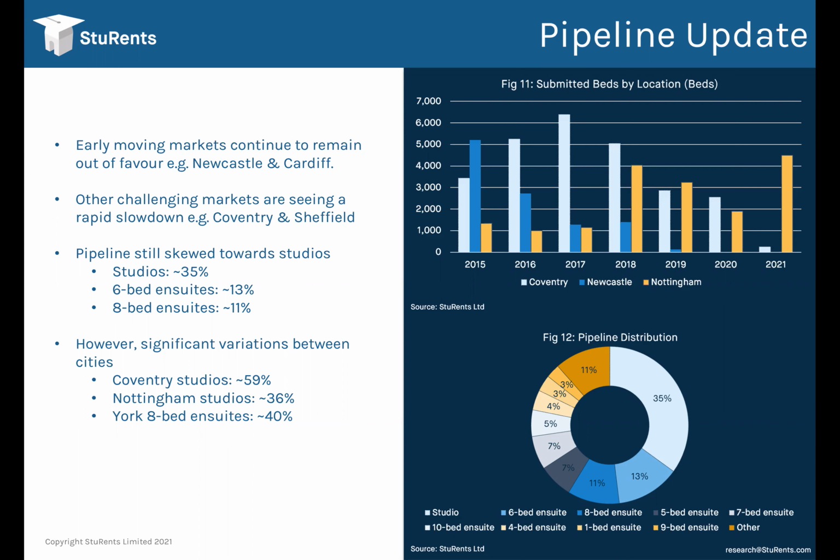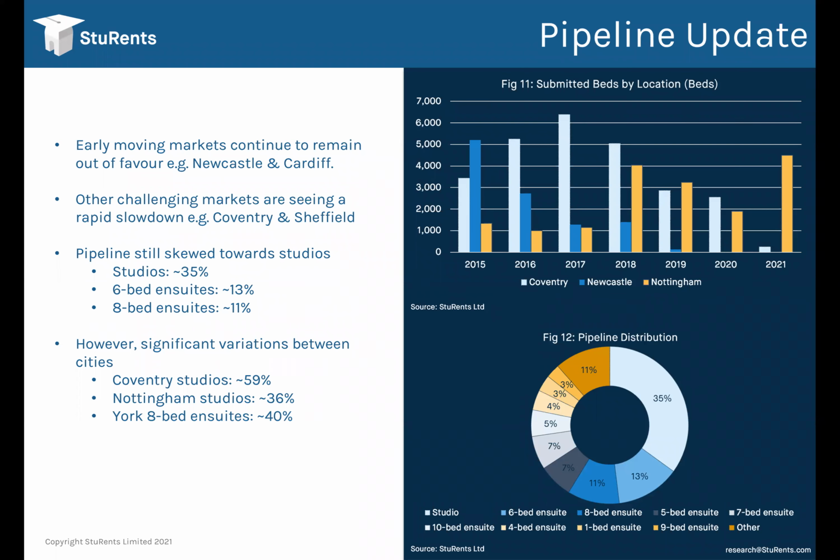If we compare that to somewhere like Nottingham, where the reverse is taking place, we can see that from the yellow or gold bars there, historically it's had a decent number of beds being put forward, but this year in particular, that number has increased, and we're looking at well over 4,000 beds there that have been put forward this year.